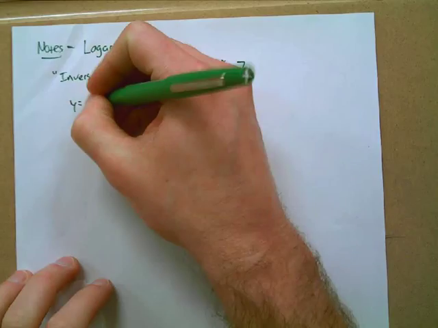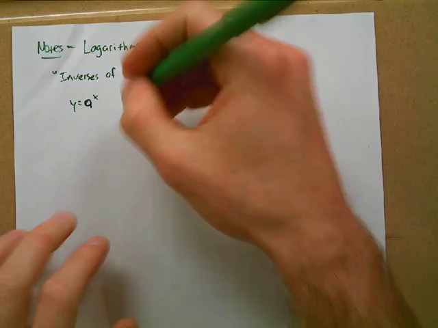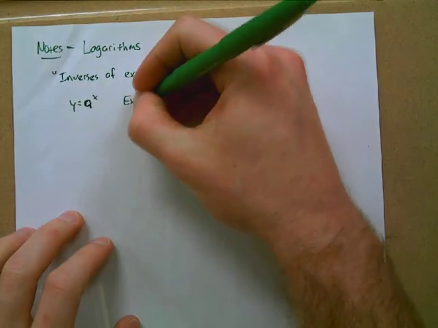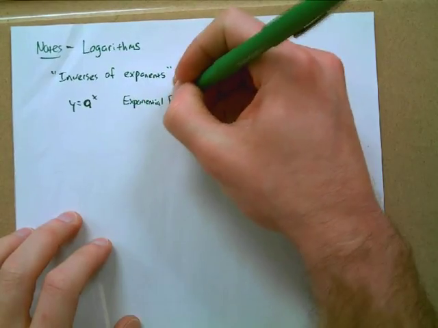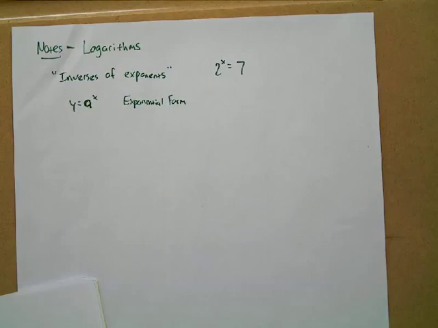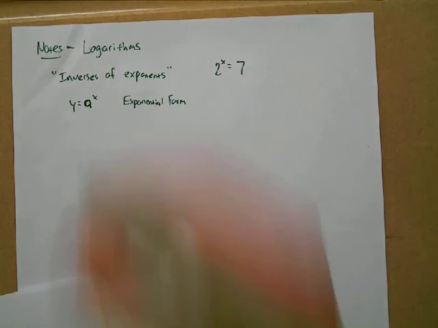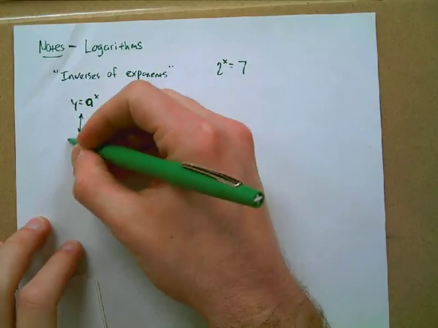When we have an equation in this form, this is what we would call exponential form. Obviously because there are exponents, right? We have an equivalent form that we define using something called a logarithm.